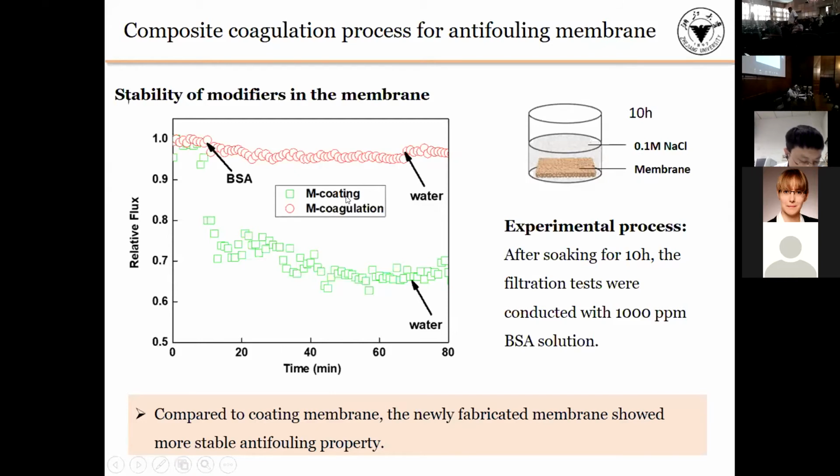So we can come to the conclusion that the composite coagulation process is expected to provide a novel fabrication method for modifying membranes to achieve excellent permeability and antifouling property. It also is expected to overcome the processability problem of polyamphiphilic copolymers.